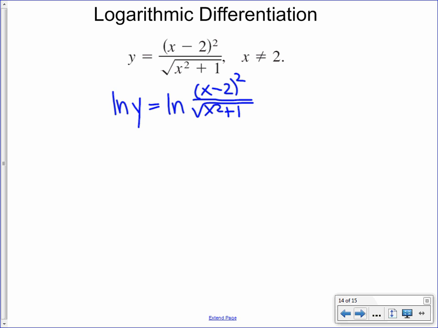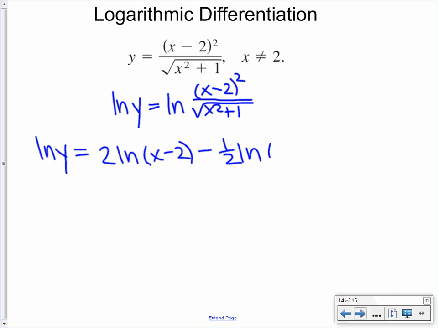Now we can expand that right side. So we have the natural log of y equals 2 natural log of x minus 2 minus 1/2 natural log of x squared plus 1. Okay. Now the derivative doesn't seem so scary, does it?